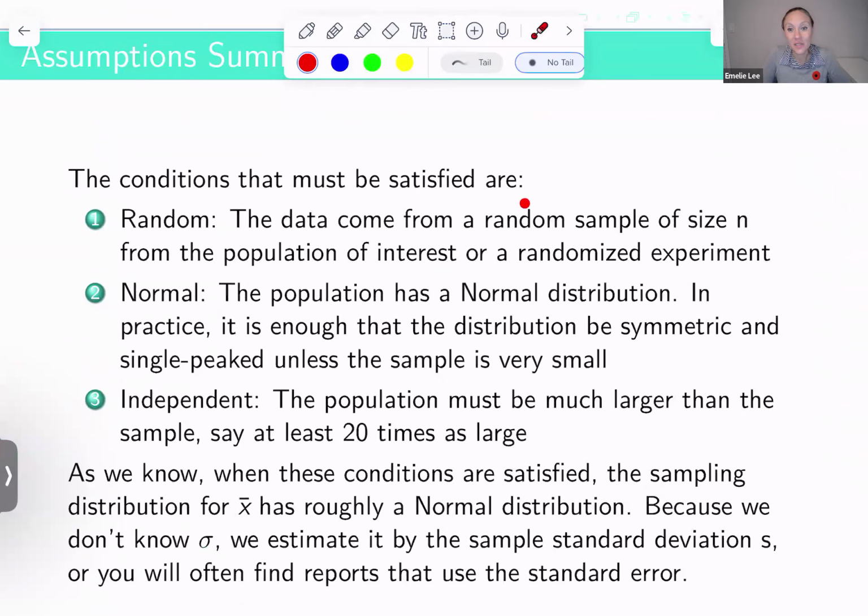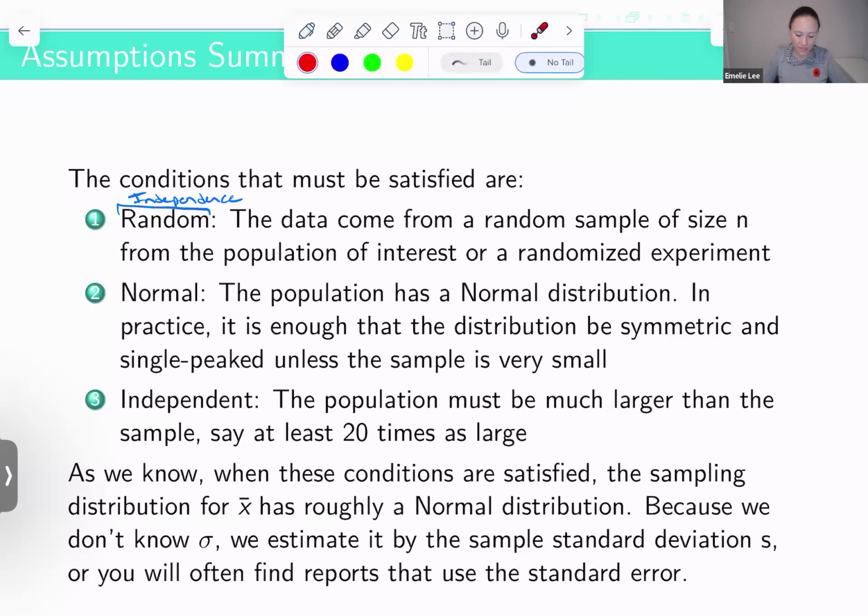So here are the conditions summarized in a nicer way than how I wrote it. The random sampling ensures independence. This is your independence condition.